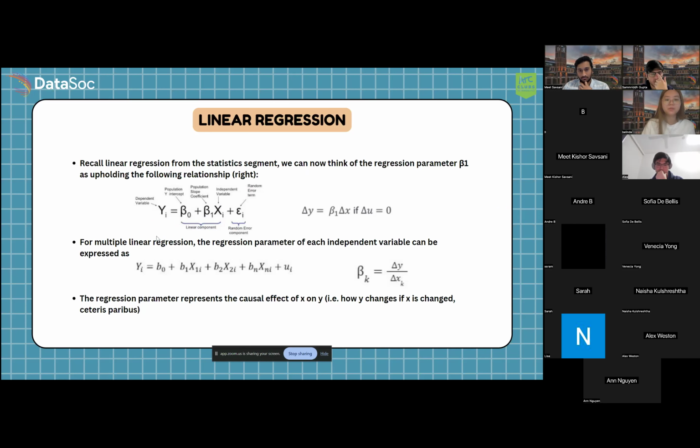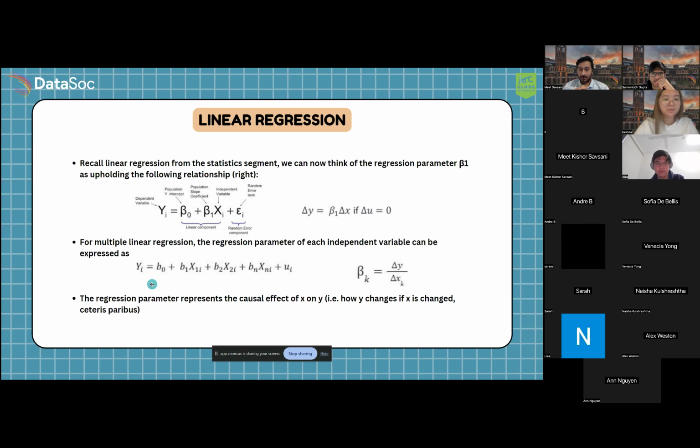And then for multiple linear regression, say we have multiple variables, we can use this formula where similarly b1 is the population slope coefficient, x1 is variable 1, x2 is variable 2, and x3 is variable 3.